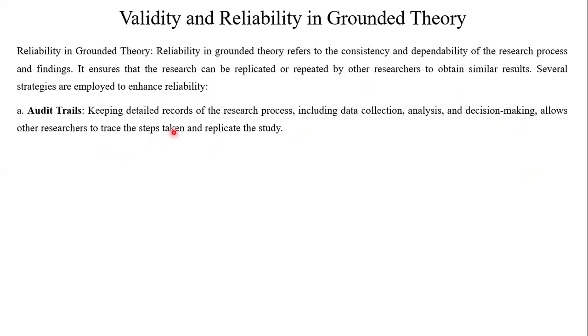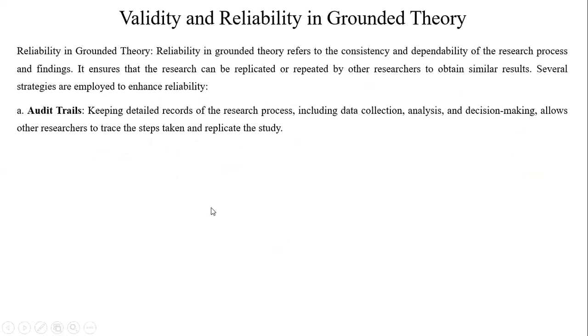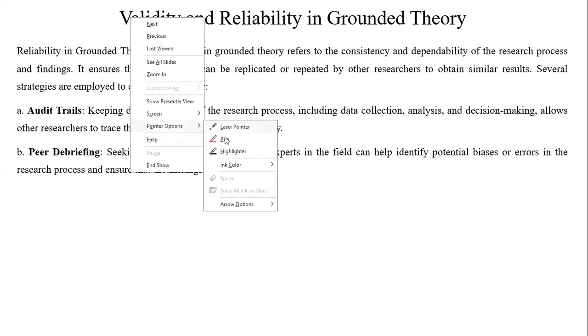The next thing that you need to understand in a procedure to check the reliability of your grounded theory is peer debriefing. So what does it mean and how can you check peer debriefing?